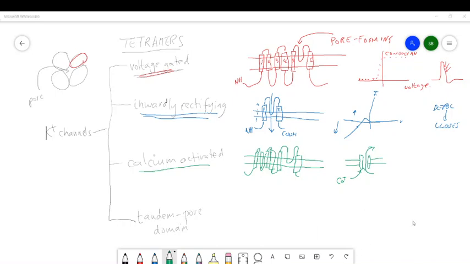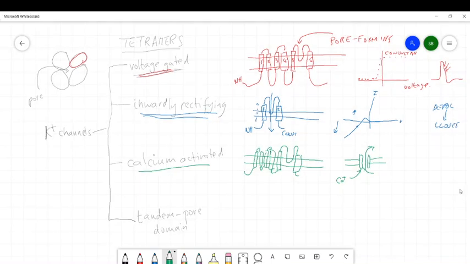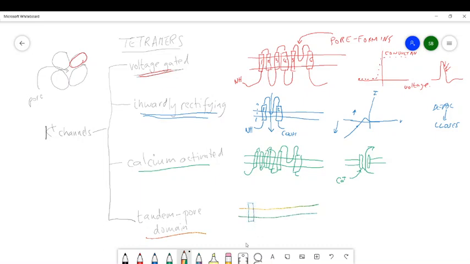Now these tandem pore domain ones are, because they're so interesting, going to be a multicoloured one, and they start off with 2 transmembrane domains.